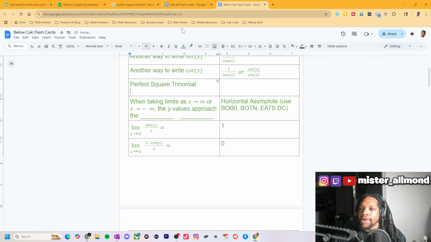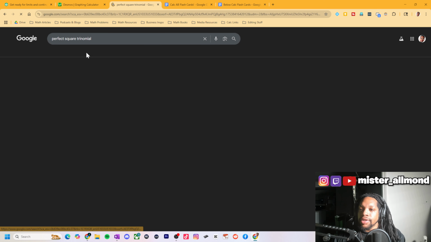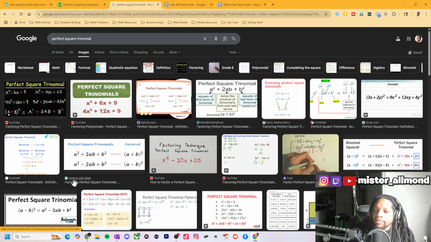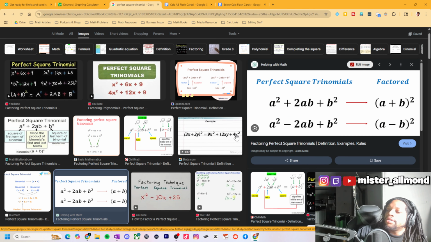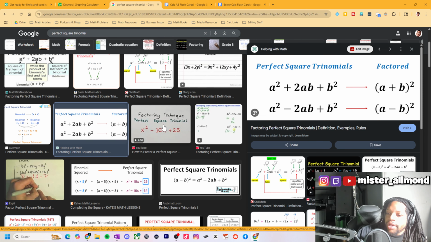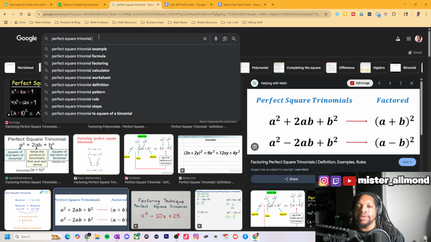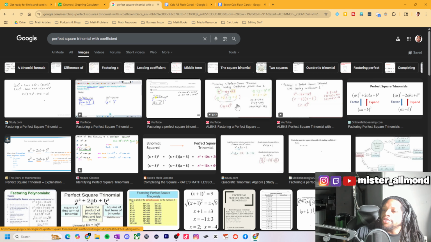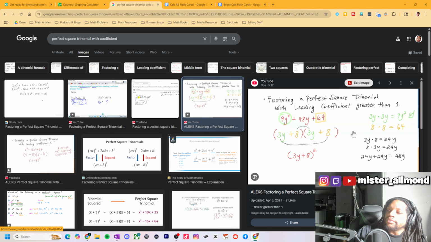I don't know which side I want to put as which, but let me figure out what it is first. All right, let's see. Like this. Or I need something with some coefficients. That's what I need. Should I type that in? Is that much of a difference maker? Okay, so yeah, it is something times itself.